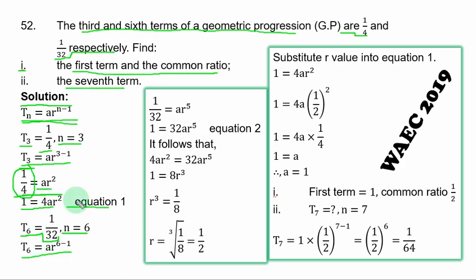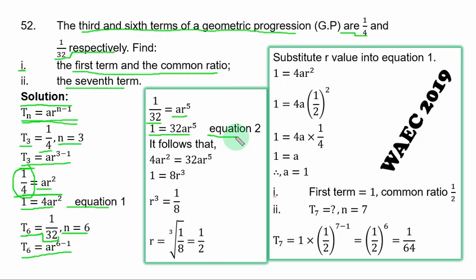T sub 6 is equal to 1/32, and that is equal to a r power 5. Multiply through by 32 to clear the fraction. You have 1 equal to 32 a r power 5. Let's call that equation 2.